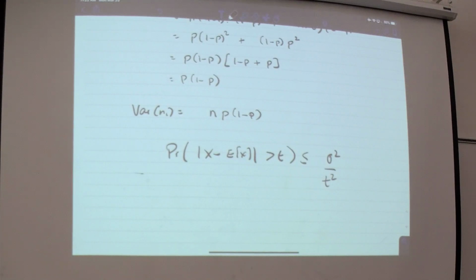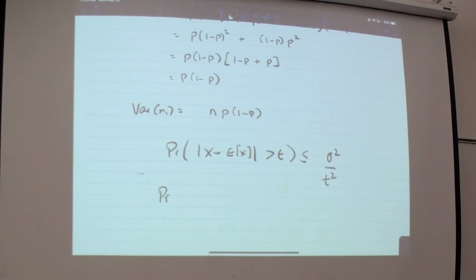So if you plug this in, you get something like the probability that n1 minus np is greater than t is less than or equal to np times (1 minus p) over t squared.